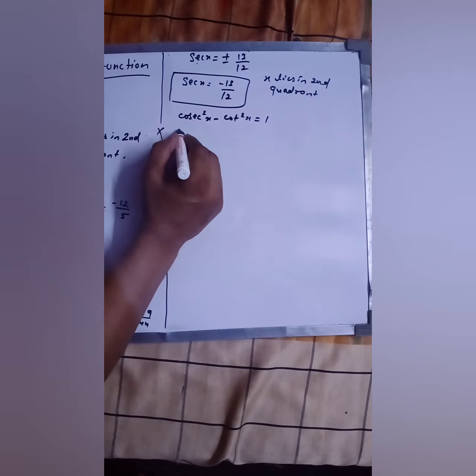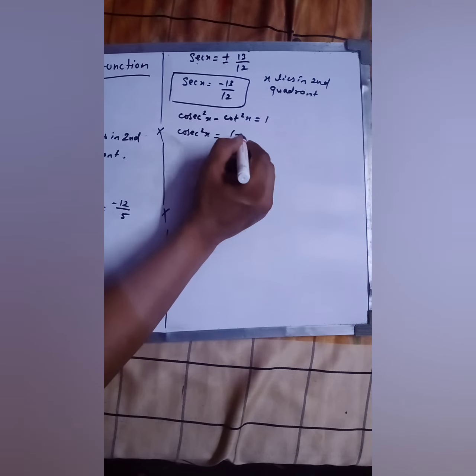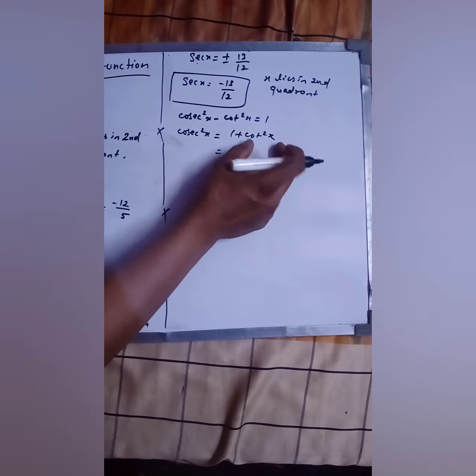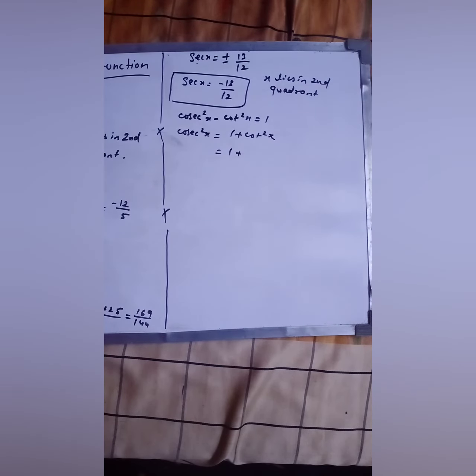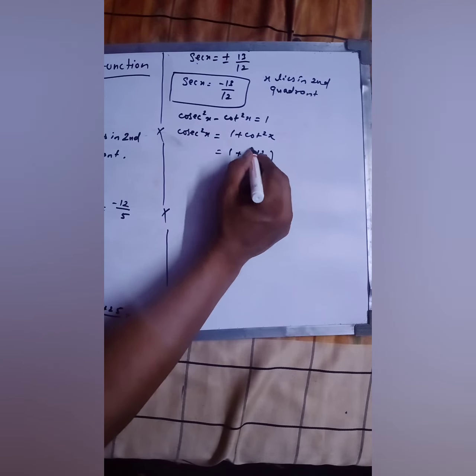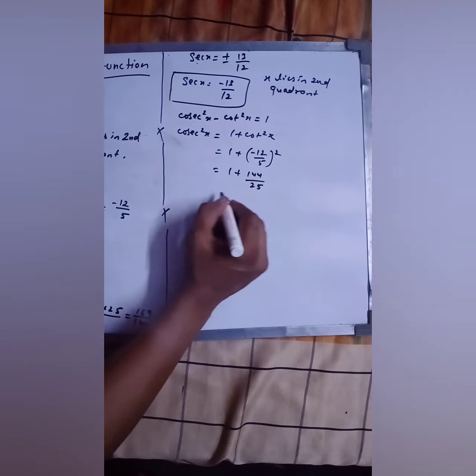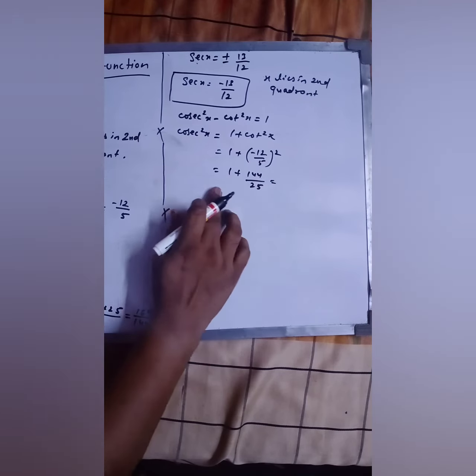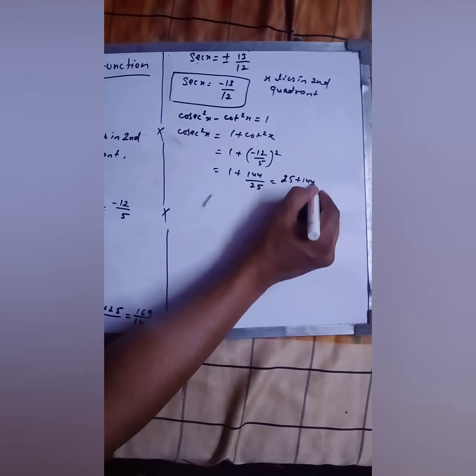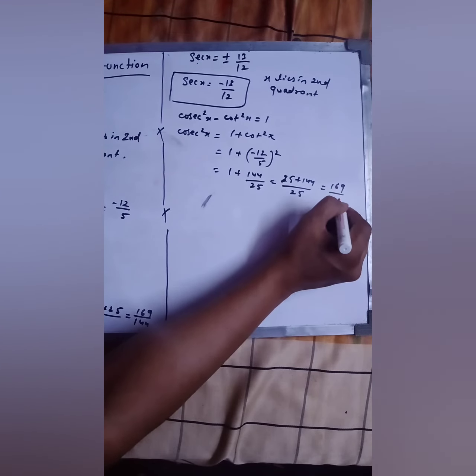So here cosec square x is equals to 1 plus cot square x. 1 plus the value of cot x, which you have calculated, that is minus 12 by 5 whole square, and you will get 1 plus 144 by 25, and when you will take LCM of this, you will get 25 plus 144 over 25, that is 169 over 25.